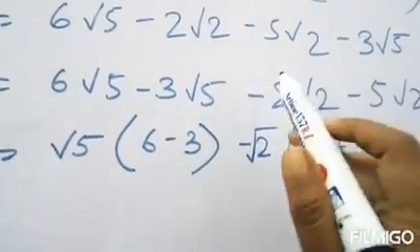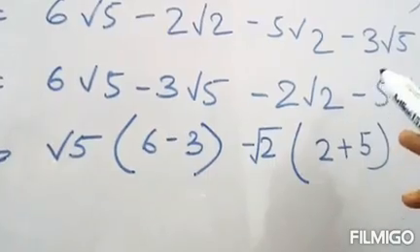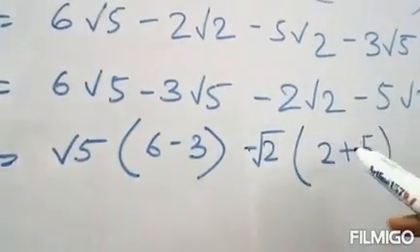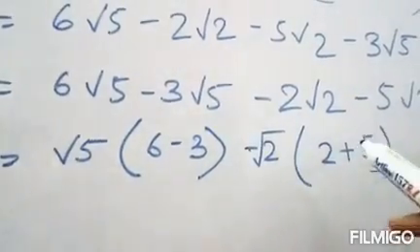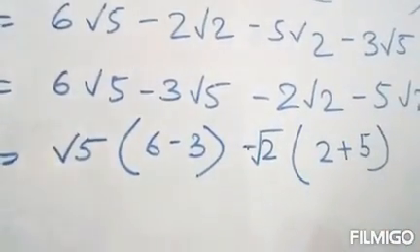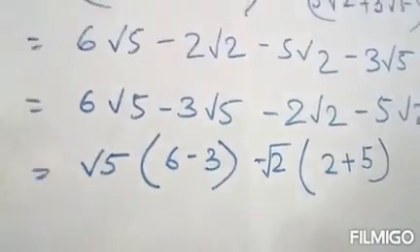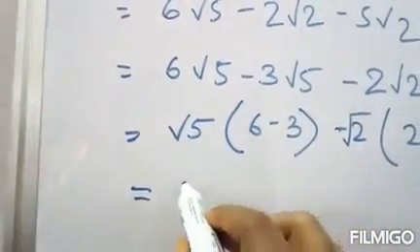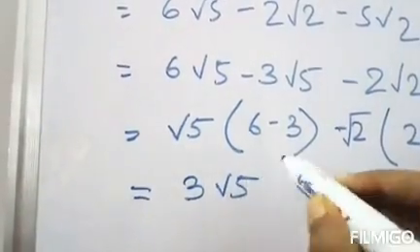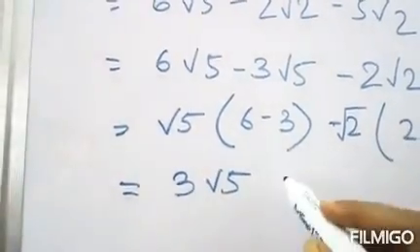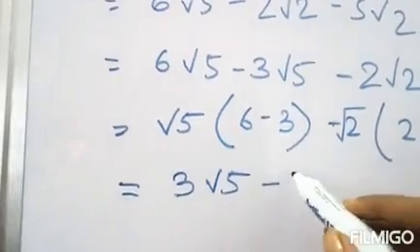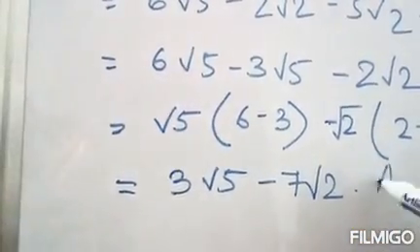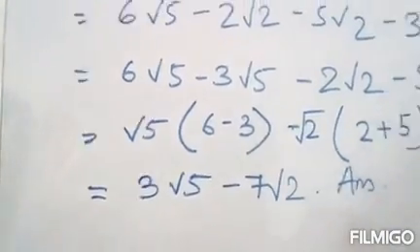Whenever you have a confusion about what sign you should take, you just take a sign and see whether, when you multiply, it comes back to its original sign or not. Okay. Then what it will be? 6 minus 3, it will be 3 root 5. And 5 plus 2 is 7. So, minus 7 root 2. Understood?